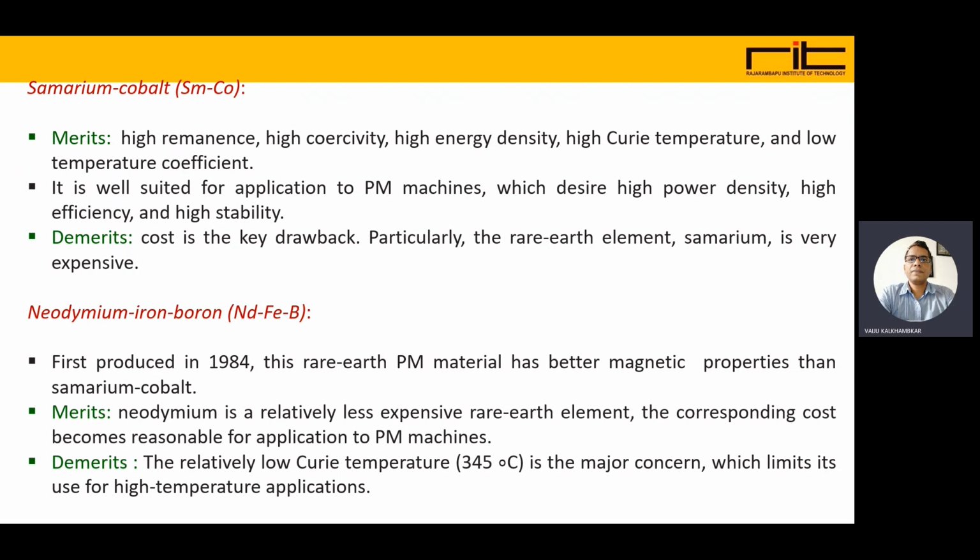The merits of neodymium are that it is a relatively less expensive rare earth element. The corresponding cost becomes reasonable for applications to PM machines. Demerits of NdFeB are the relatively low Curie temperature, which is the major concern, which limits its use for high temperature applications.